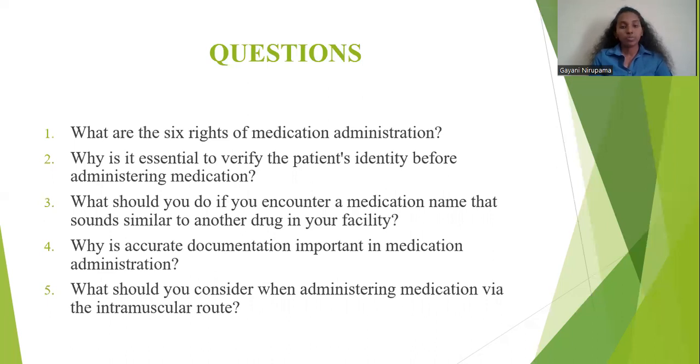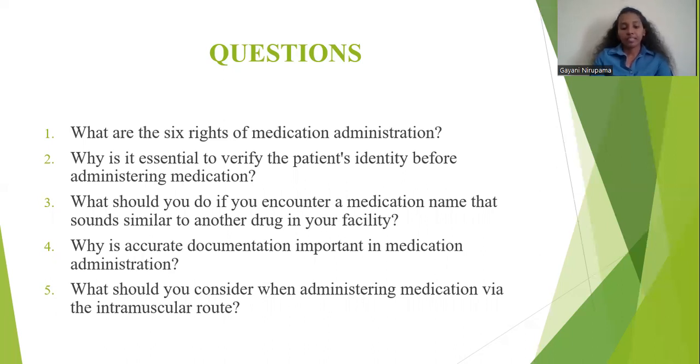What should you do if you encounter a medication name that sounds similar to another drug in your facility? Fourth one, why is accurate documentation important in medication administration? Last one, what should you consider when administering medication via the intramuscular route?